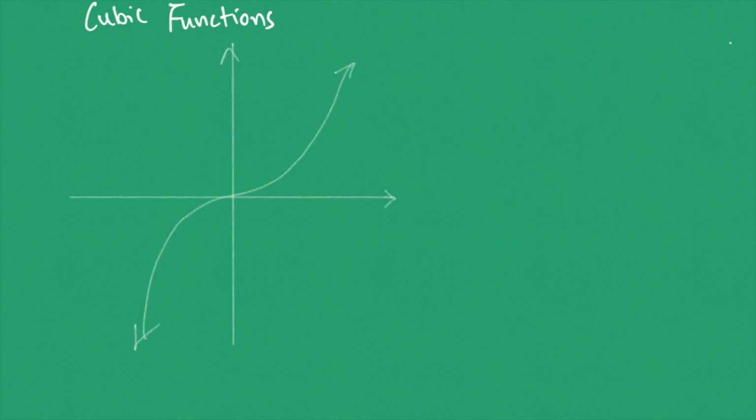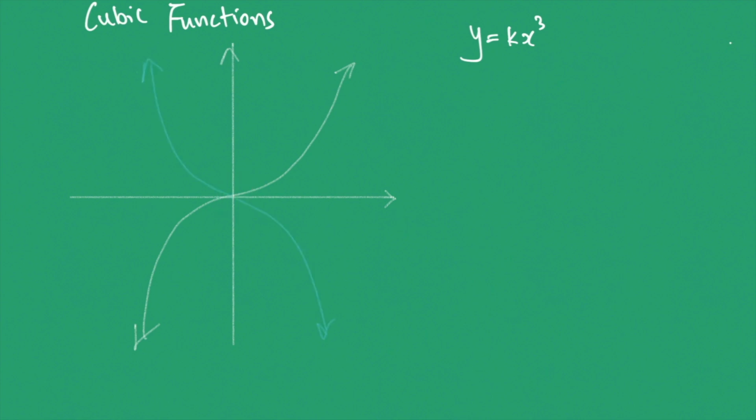Now the graph that you're looking at right now is a typical graph of the cubic function, which is k times x cubed. In this case, the cubic curve is increasing and has a point of inflection at (0, 0), which is the origin, where the curve changes from concave downwards to concave upwards.